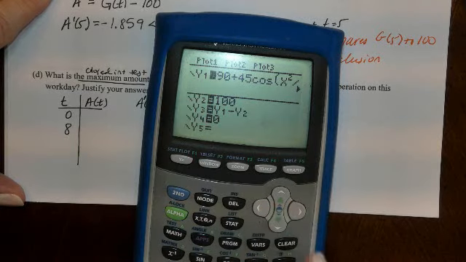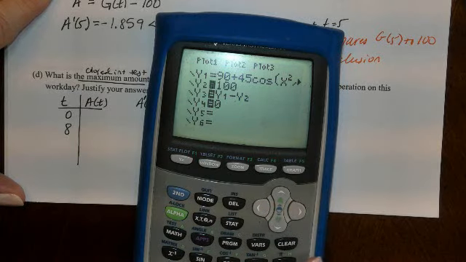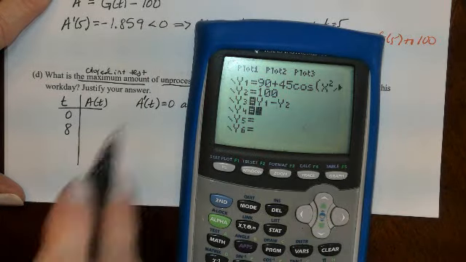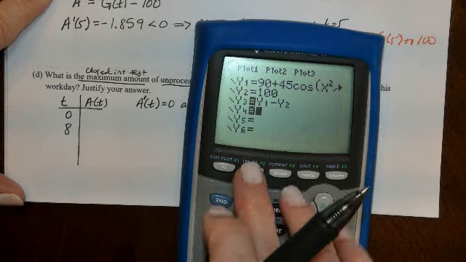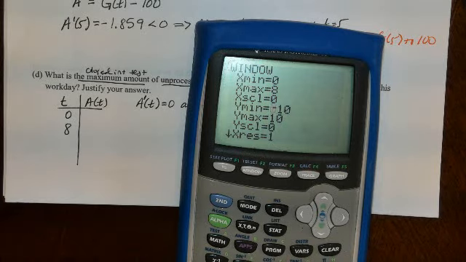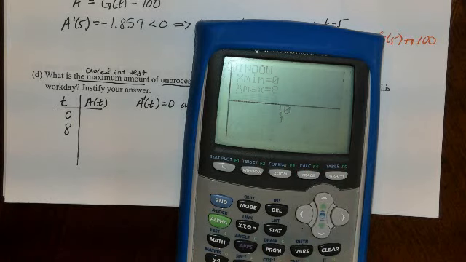So I'm going to turn off y1, turn off y2, keep y3, and I'm going to keep that 0 there because I'm going to find where A prime is 0. My window, I just want to go from 0 to 8. My ymin, ymax just needs to include 0. This might give us a nice screen, it might give us a lousy screen. We won't know until we try it, so let's go try it.